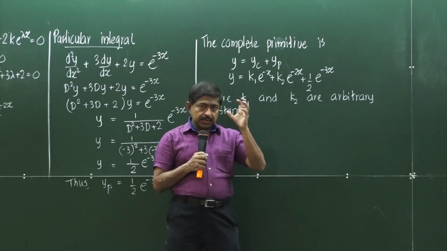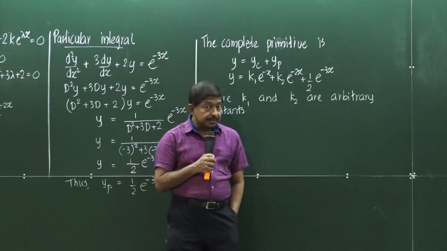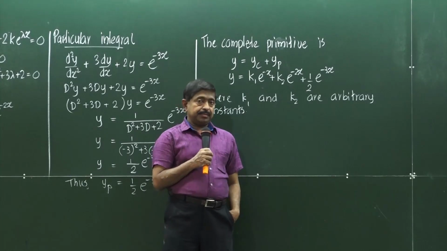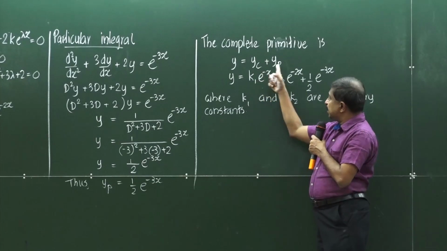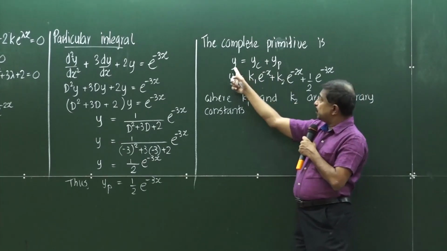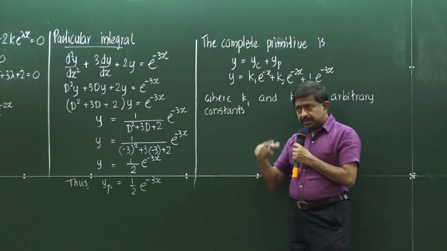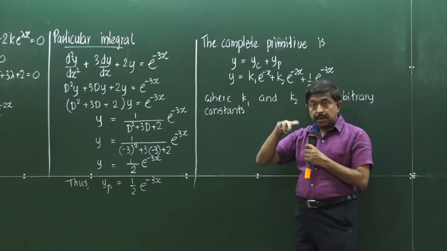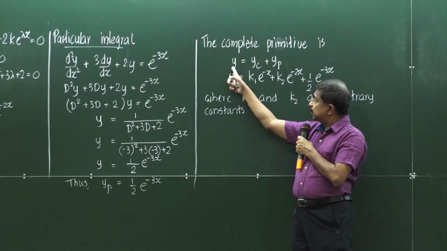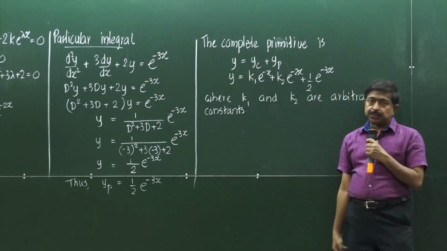The effect due to that external force is called the forced response. But in the context of mathematics, you call it the complementary function, the particular integral, and this one the complete primitive. You can use either way. In the context of engineering or dynamical systems, you call it the general solution; this is the transient response, and this is the forced response.